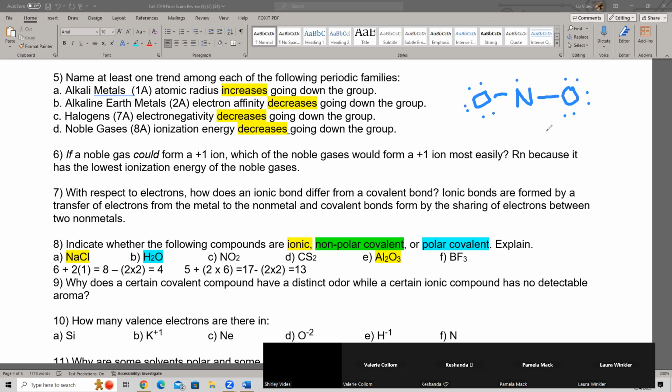So this is not quite correct, is it? Because nitrogen's going, hey, where's mine? I need more. Even if it's only 5, it's still not enough. It could be 7. So we remove this one and make a double bond. There we go.